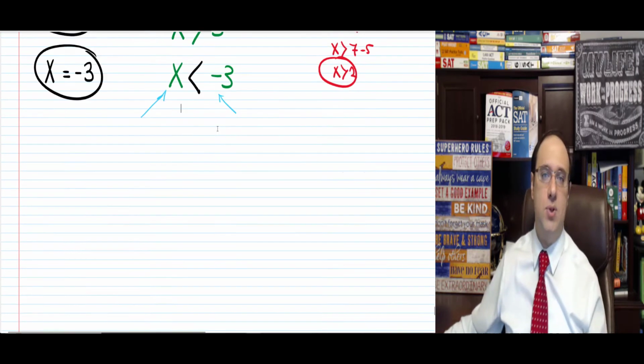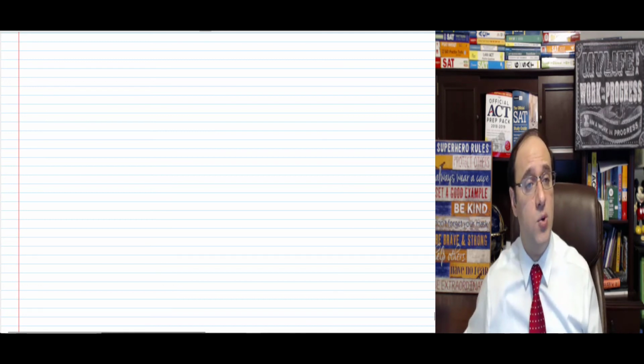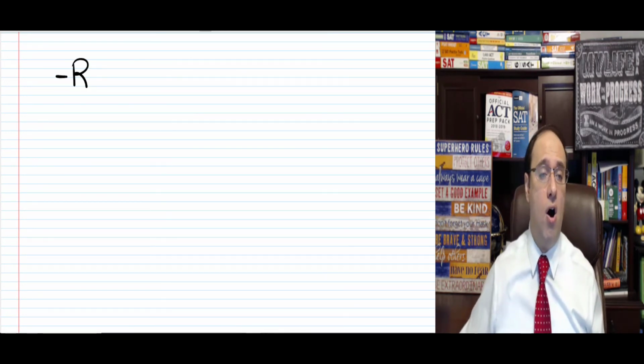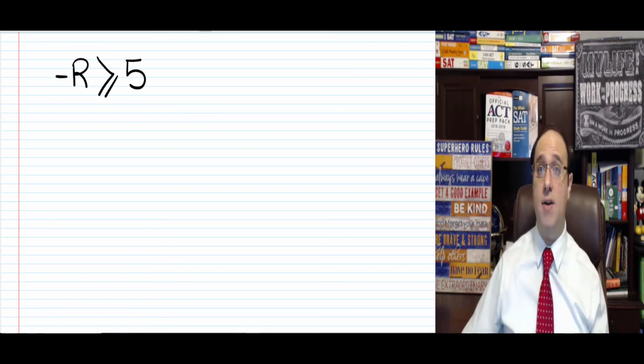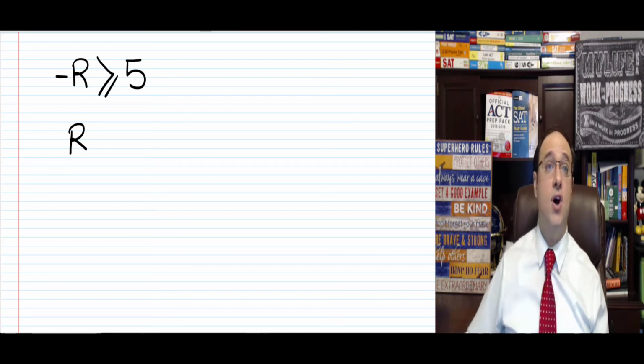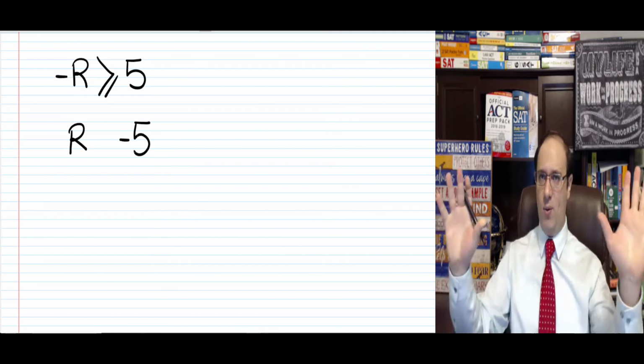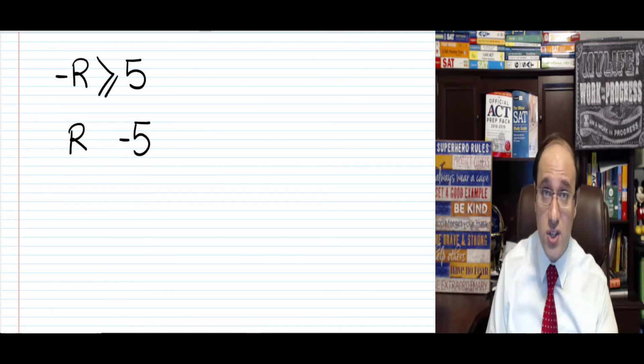Okay, a couple of examples here. This is easy. Let's take a quick one. If I tell you that negative r is greater than or equal to 5, I want to know what r is. R is negative 5. Wait a minute, I just switched the sign.